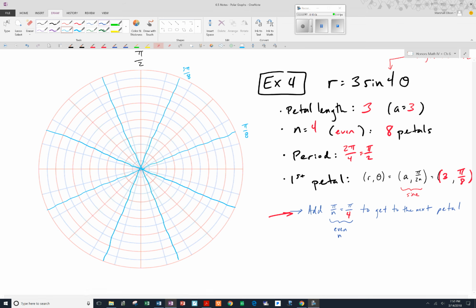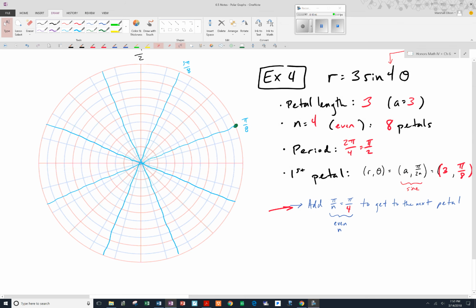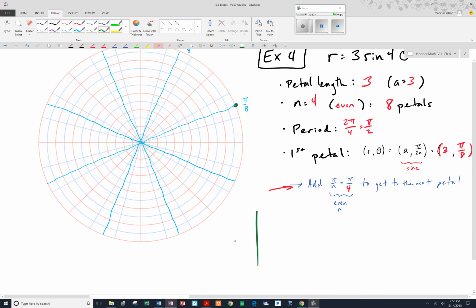So my first petal tip is right there, because it's a sine graph. And a sine graph, going back to the whole reference idea, starts at its maximum value, in this case 3, before coming back down towards the pole. So this is going to start there.